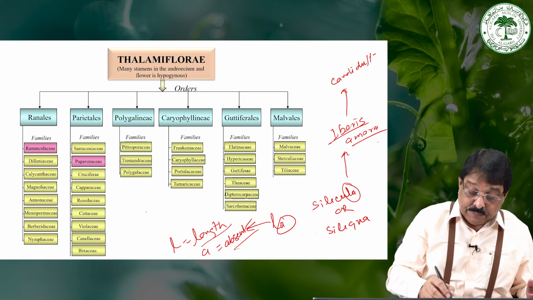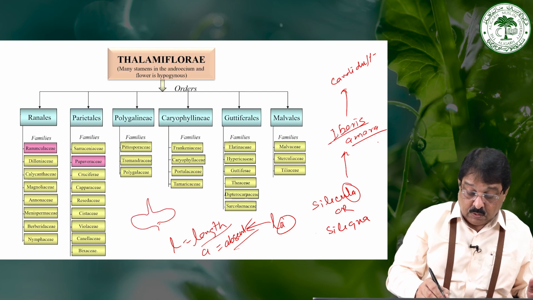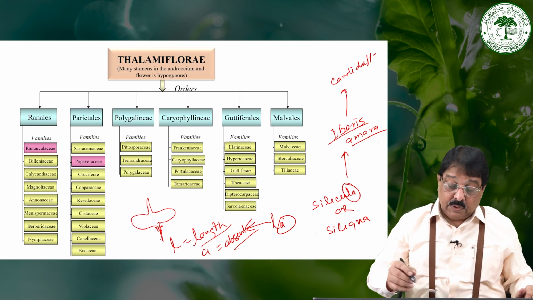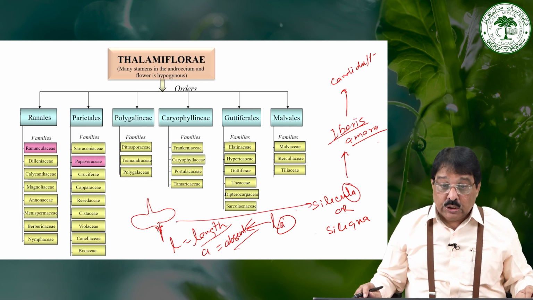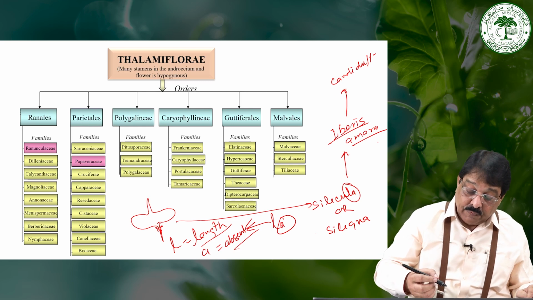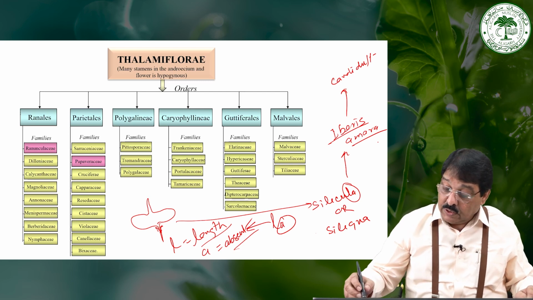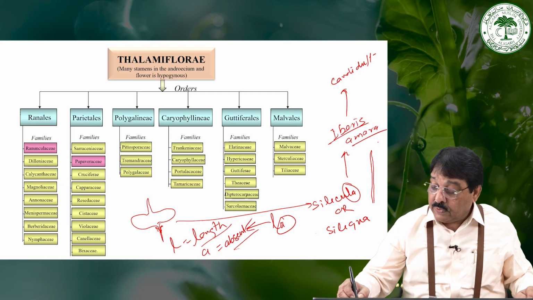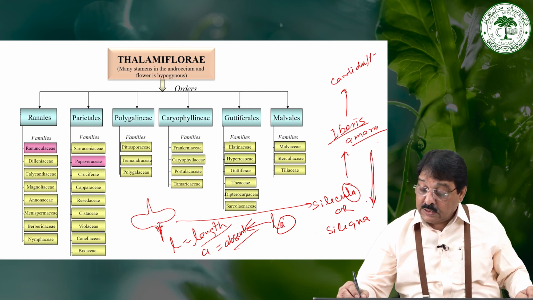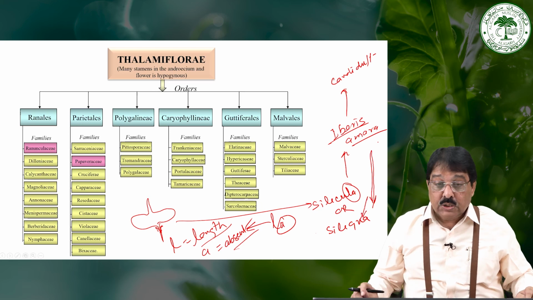If it is three times broader than the length, it will be called silicula. If the length is more than the width, then it will be called siliqua.